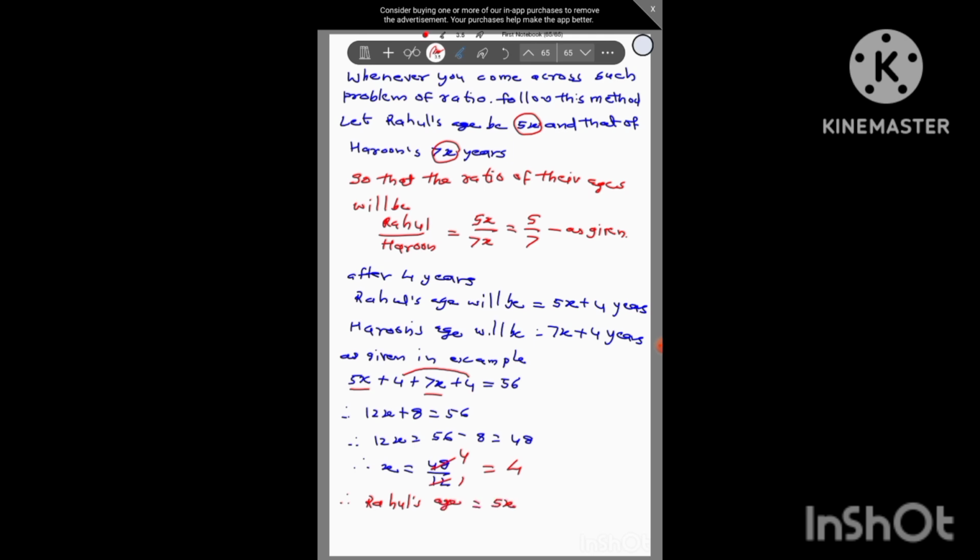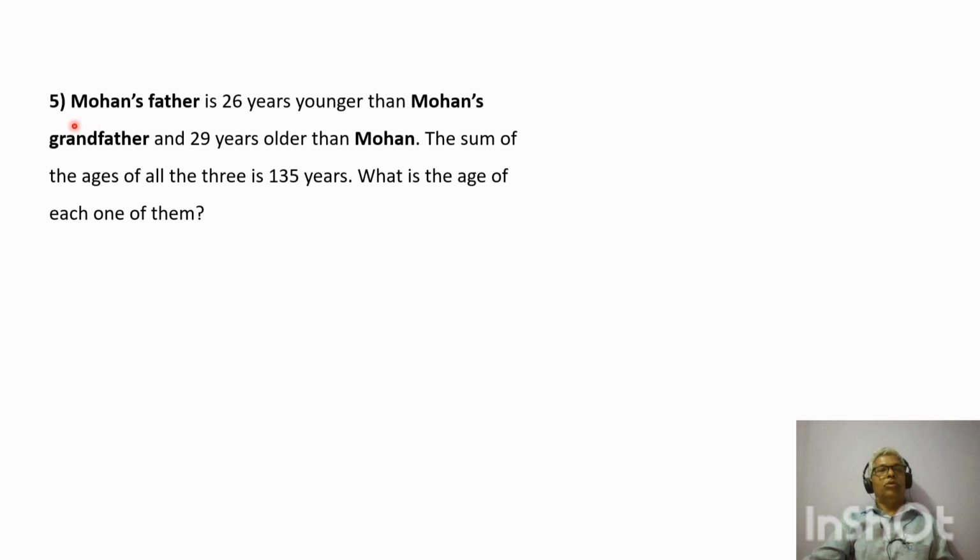Rahul's age is 5x, so do remember this. Rahul's age will be 5 into 4, that is 20 years, and Arun's age will be 7 into 4, that is 28 years. And don't forget the units. In this case it is years, but it may be centimeters, kilometers, kilograms, etc. You should always remember this.